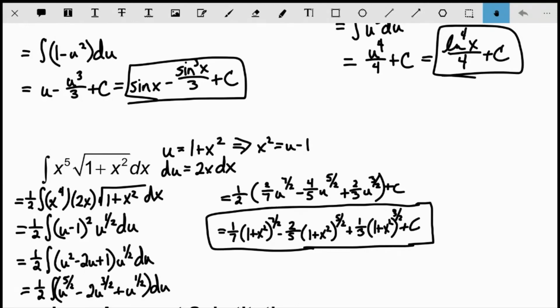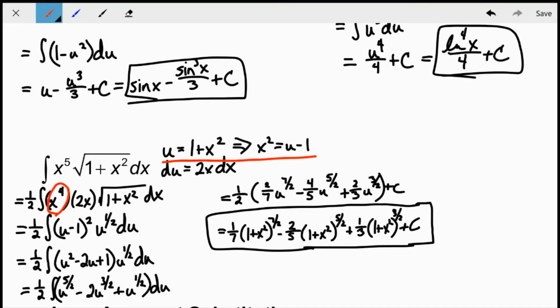But the reality is we actually can work with this. And if you just spun your wheels here and then finally gave up, once you see this one time, you'll think of doing this the next time. I'm trying to deal with this extra x to the 4th that I have when I got this in the form that I wanted. So what I did was I rearranged my u expression and got an expression for x squared. X squared is the same as u minus 1.